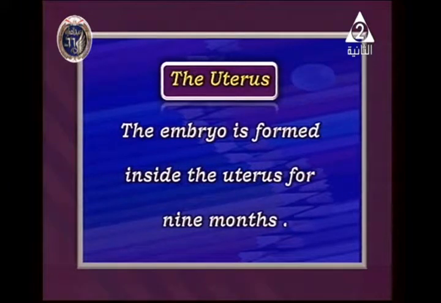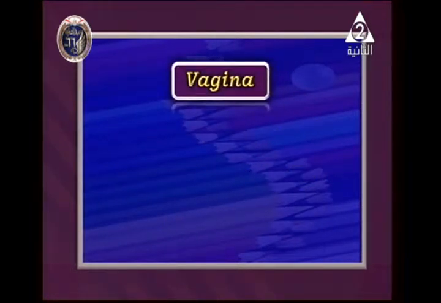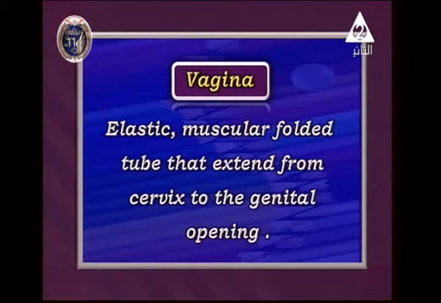In the uterus, the embryo is formed and spends about 9 months. We are talking about the human female. Don't forget it. The embryo is formed inside the uterus for 9 months. Vagina, the last organ that we have. We said again: ovary, 2 fallopian tubes, uterus, and finally vagina. It is an elastic, muscular, folded tube that extends from the cervix, the lower portion, to the genital opening.